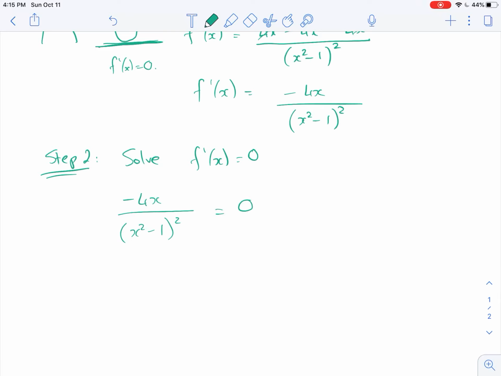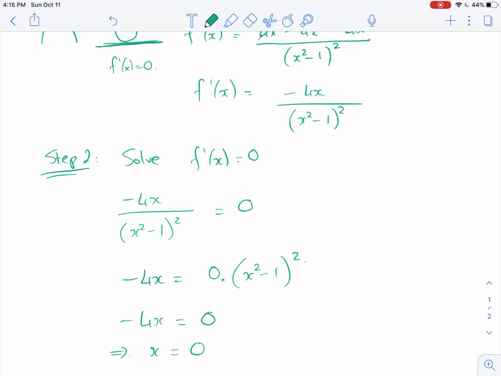We see an equation like this, and you think, well, what don't I like about this equation? What would make life easier? The denominator. If we got rid of the denominator, that would make life easier. So we multiply both sides by the denominator, and we get minus 4x equals 0 times our denominator, but we know that doesn't matter because 0 times anything will give us 0. So we have minus 4x equal to 0, so therefore x is equal to 0.